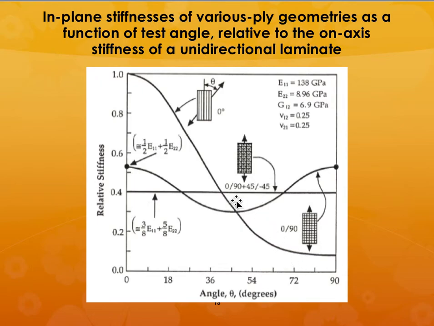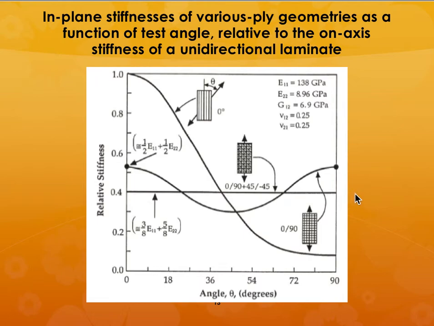If you had the 0, 90, plus minus 45 symmetric, you can see that these properties are totally different. They would start out with a lower elastic modulus in the E11 direction, but the E22 direction is almost close to that of E11. So you can see that if you have this, it becomes an almost quasi-isotropic material.